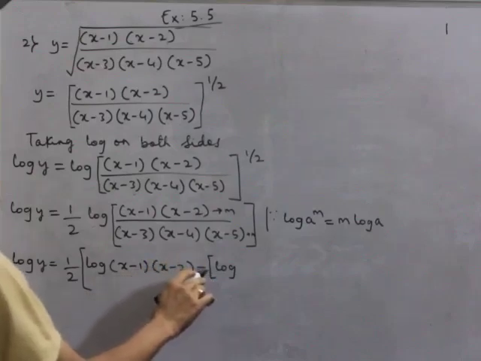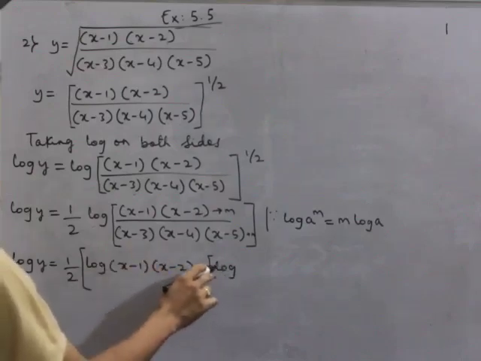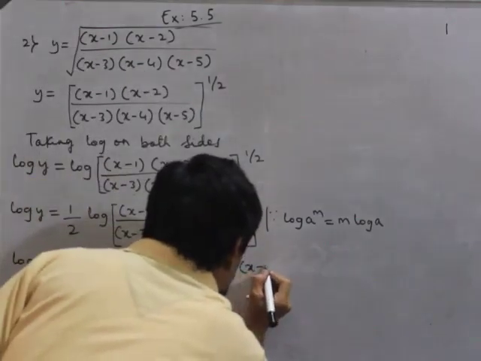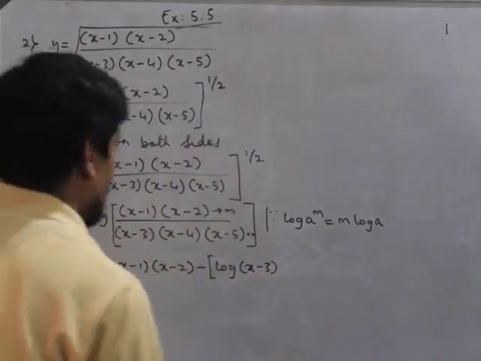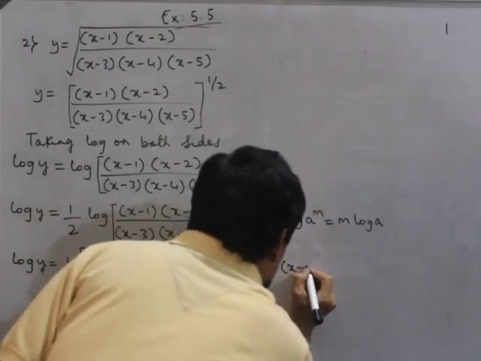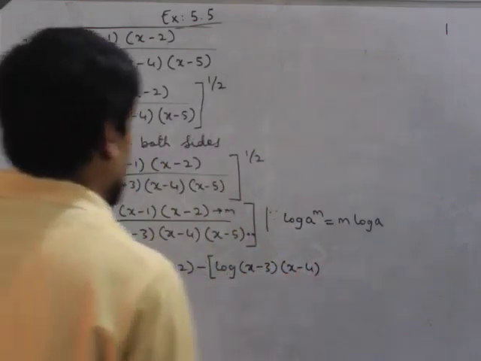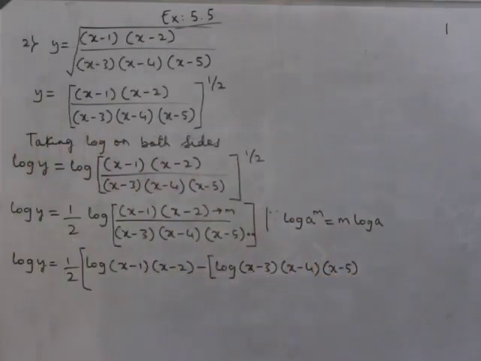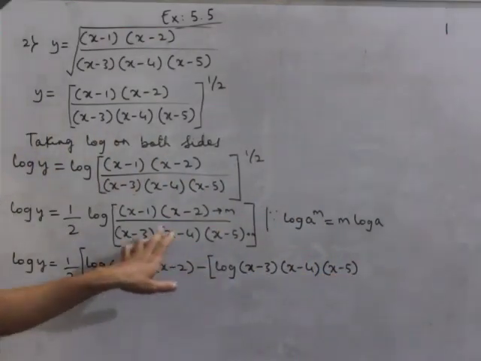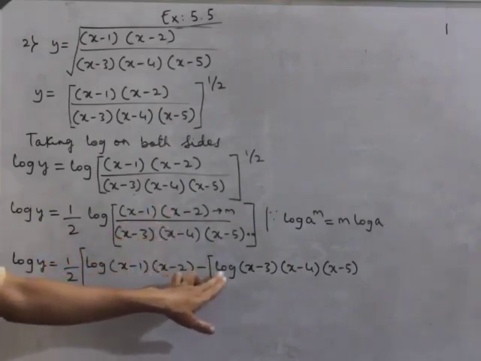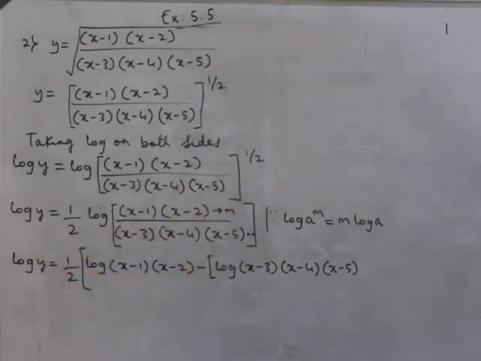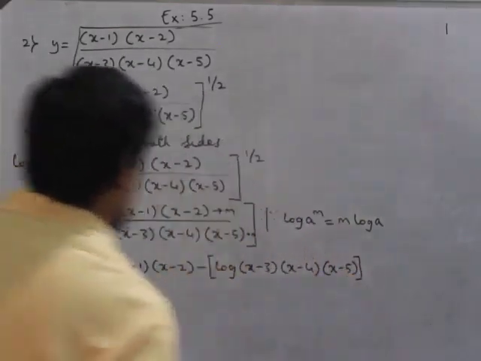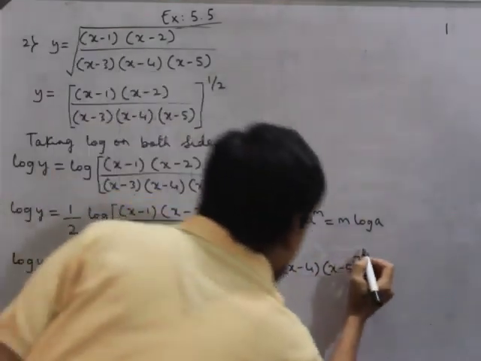If you don't write the bracket here, you might consider this minus belongs only to the first term. Minus log (x minus 3)(x minus 4)(x minus 5). Now I have written it in the form log m minus log n. First I will close this bracket and then this bracket.